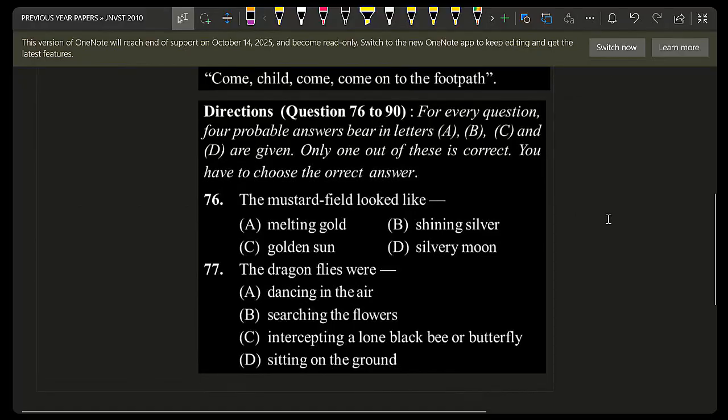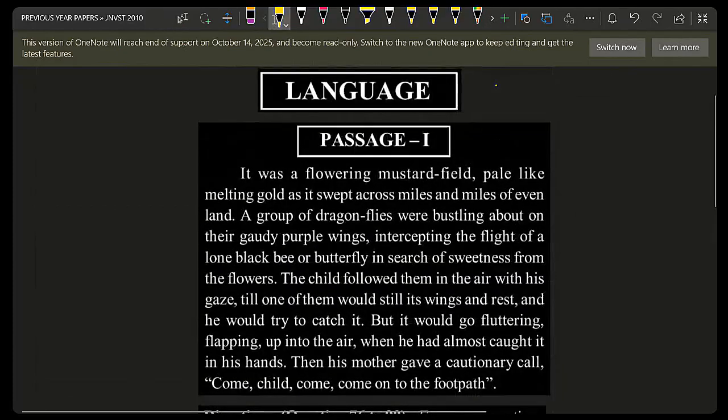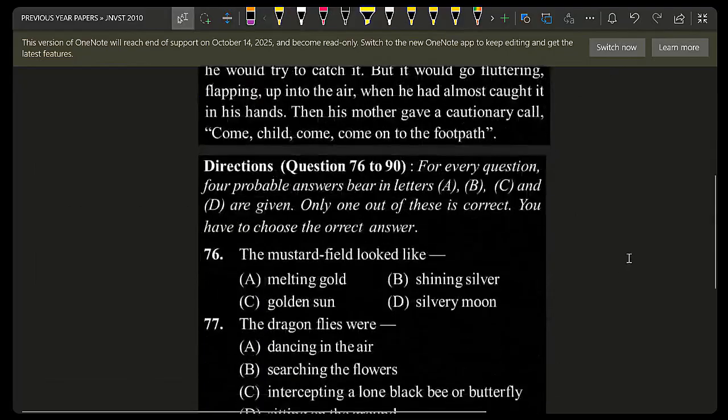For every question, you have to choose from four probable answers, options A B C D. The mustard field looked like melting gold, shining silver, golden sun, silvery moon. I will underline for you. It's clearly mentioned in the passage, melting gold. Option A.